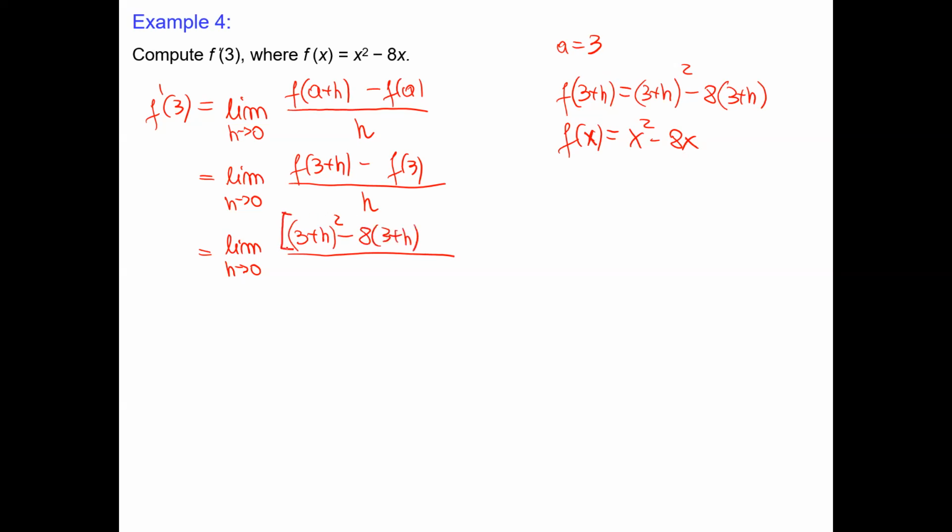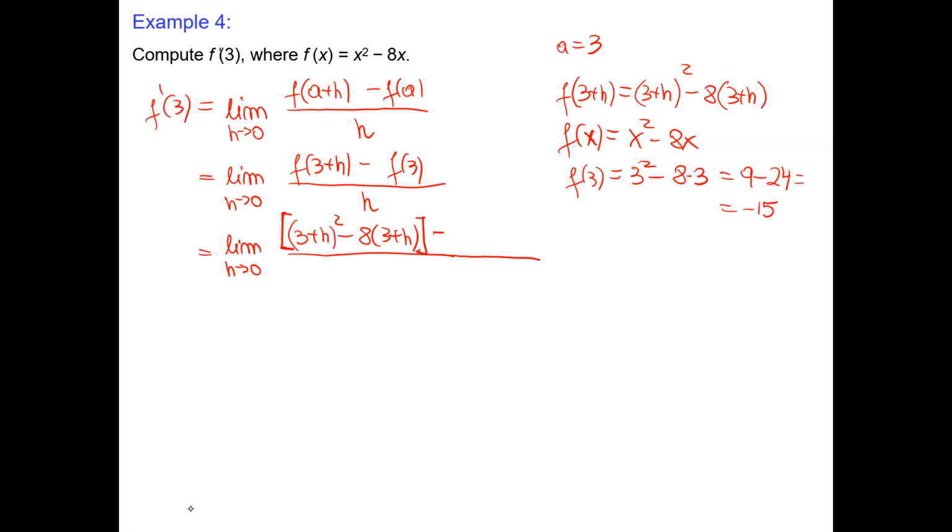This is the first part, and then minus f of 3. For f of 3, I will replace x with 3: 3 squared minus 8 times 3. 9 minus 24 will be negative 15.